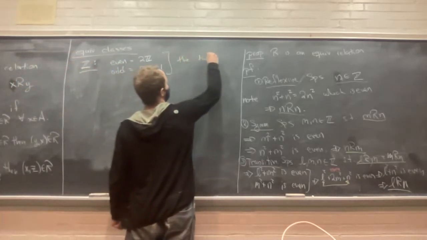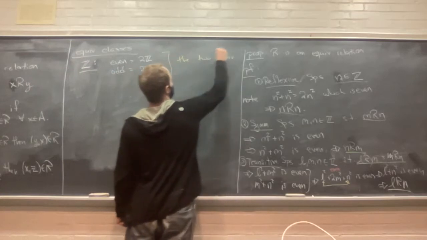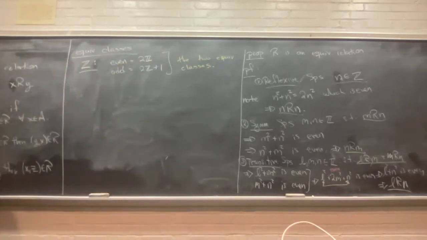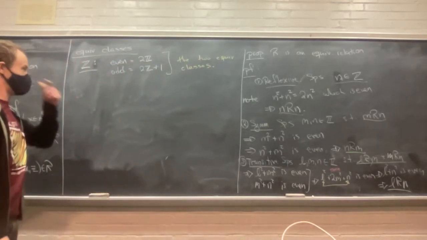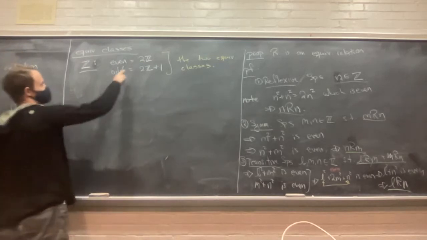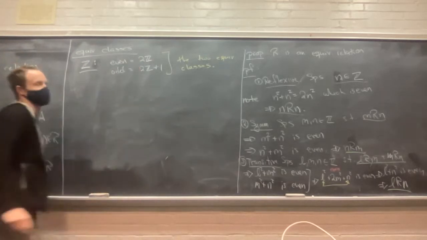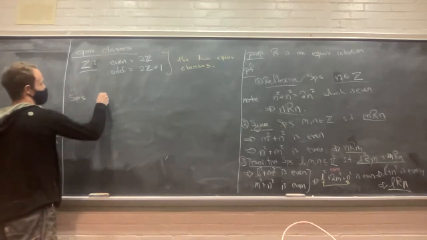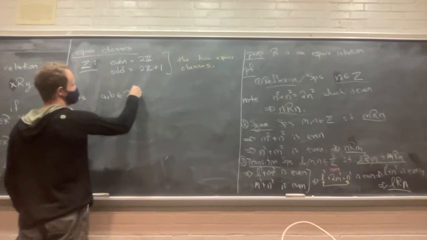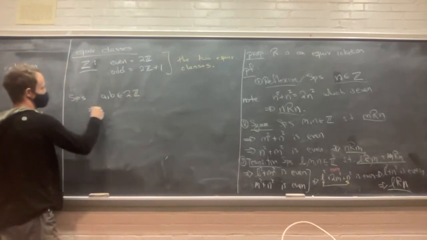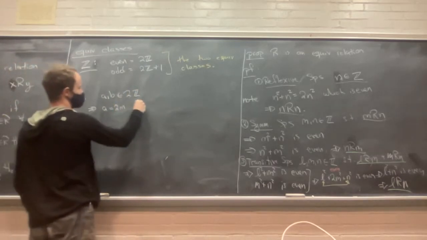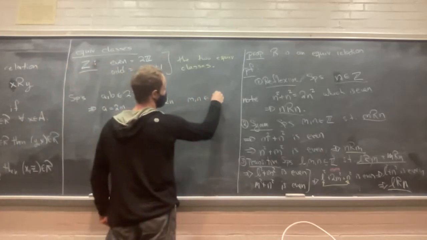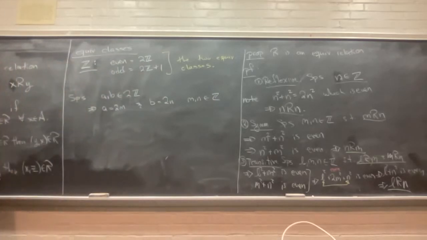The two equivalence classes. So how do we show that? Well, all we have to do is take two things from here and show that they're equivalent. So let's suppose that A and B are in 2Z, but that means that A equals 2 times M and B equals 2 times N for M and N in Z, right?